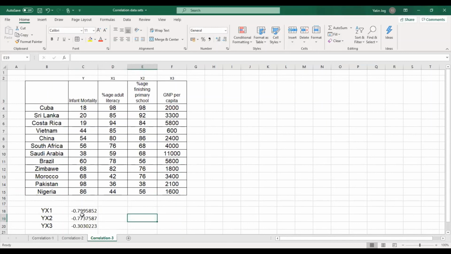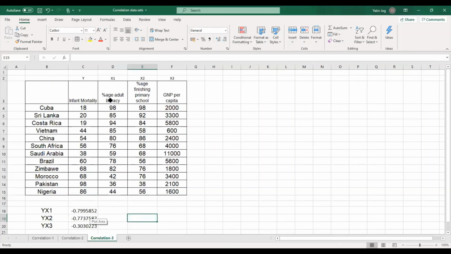So both X1 and X2 are on the edge of moderate and strong negative relationship. X3 has a very weak negative relationship. So considering individual variables, they all have negative relationships, of which X1 and X2 are strong negative and X3 is weak negative.